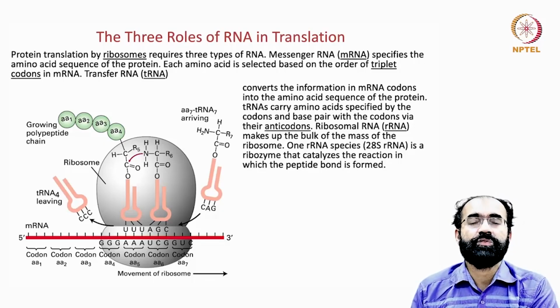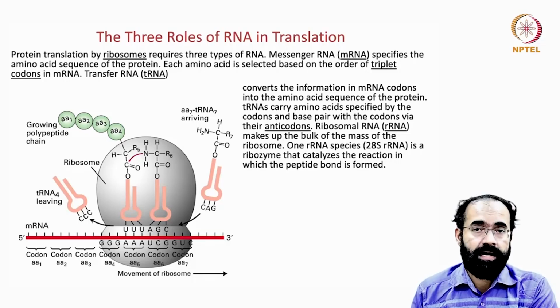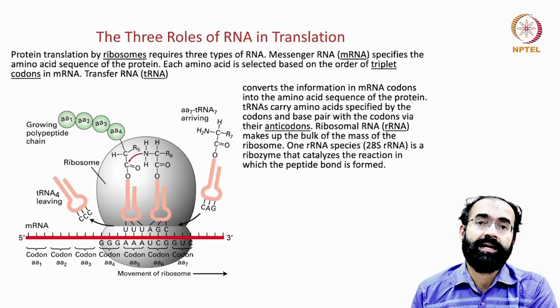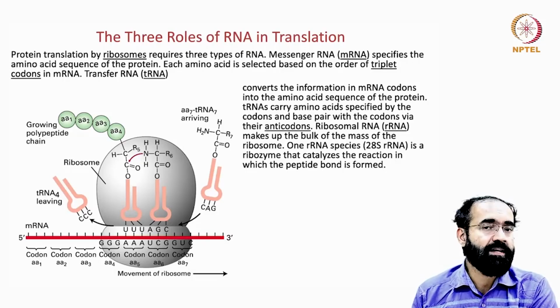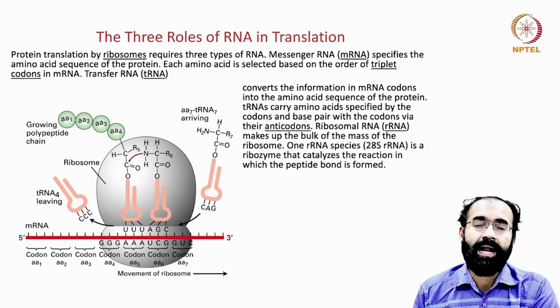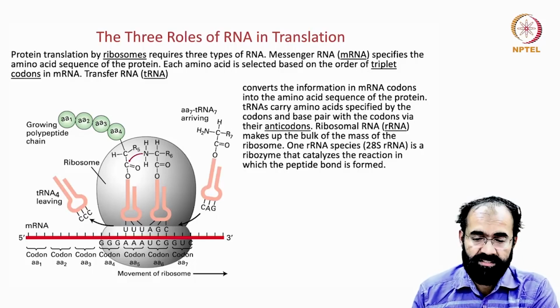Just like if you send a letter with an address, the postman will do the matching. He will read the address on the letter, and also the address of your house, and then deliver the letter. This is somewhat similar to how an anticodon and codon pair and the amino acid is delivered at the site of protein synthesis.